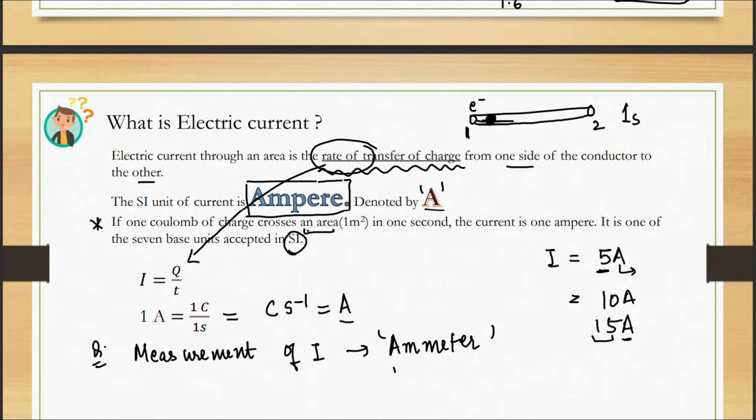It is a device by which we can calculate how much current is flowing through a particular wire or a conductor or an appliance. So you have to remember these three things in this slide: how do you define the electric current, what is the SI unit of the electric current, and how can you measure the electric current.